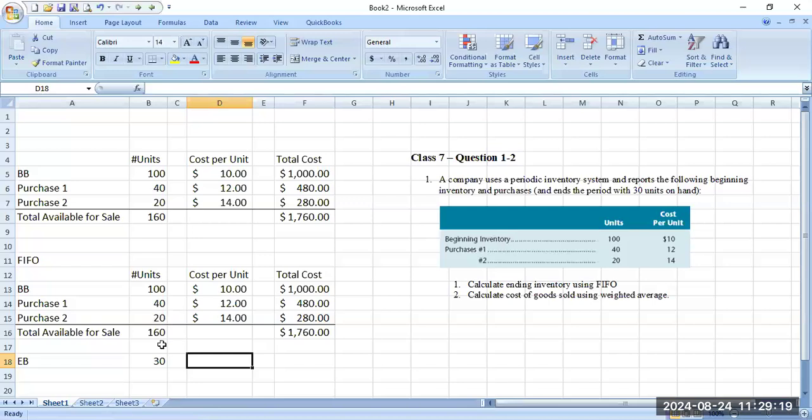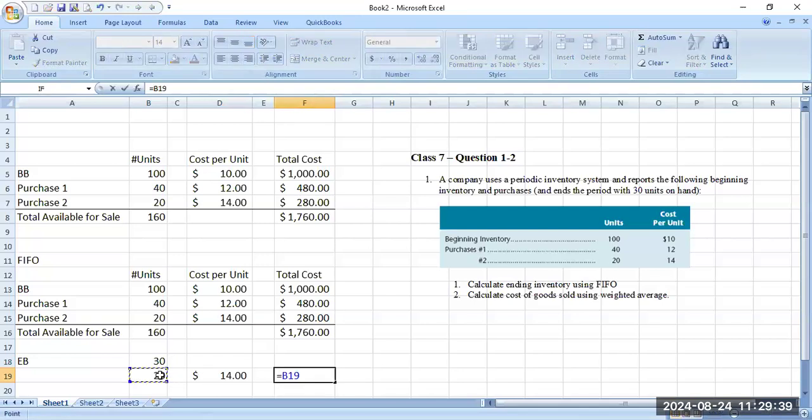First in, first out means those 30 units are sitting from our last purchases. Our last purchase was for 20 units. So we have 20 units from our last purchase. Now our entire last purchase is available in our ending inventory, and that was equal to $280.